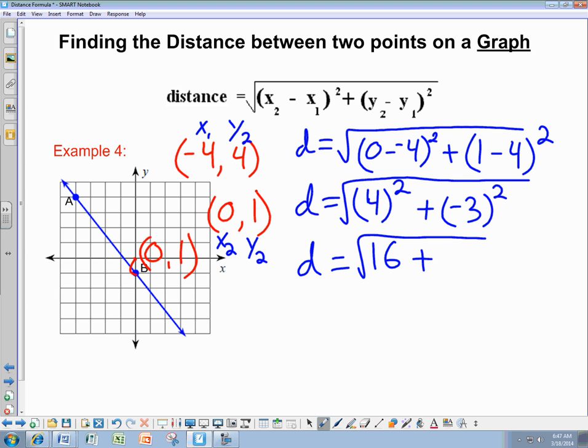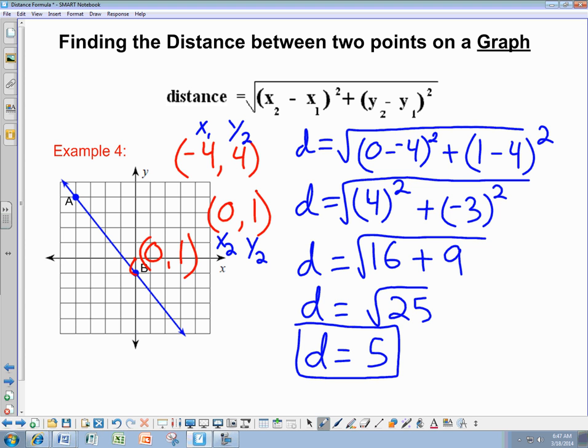Negative 3 squared is positive 9. I'm going to add those two together to get the square root of 25. And then I end up with a distance of 5.